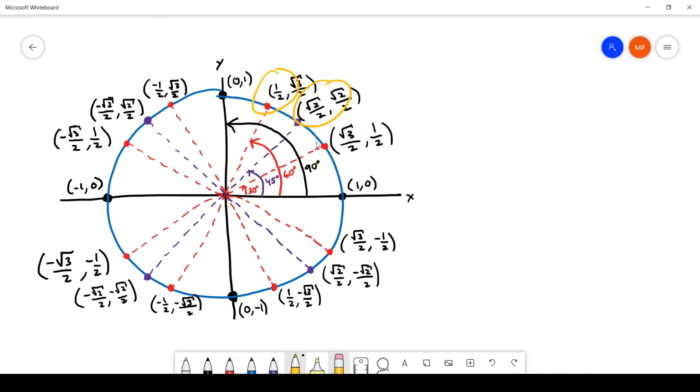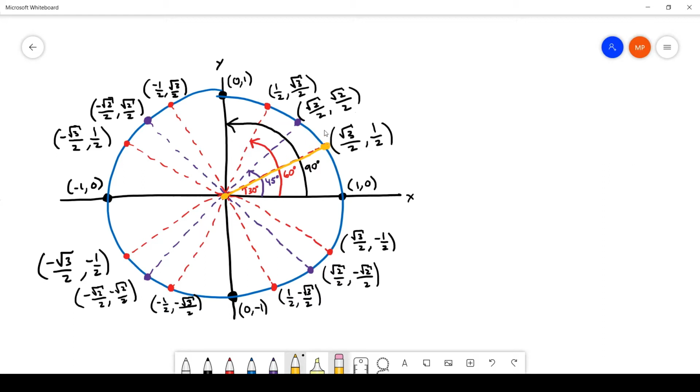And that's because the main application of the unit circle doesn't really come from the circle itself, but it comes from when we apply this to right triangles. For each degree that we have, you have this line from the origin to a point intersecting the circle.